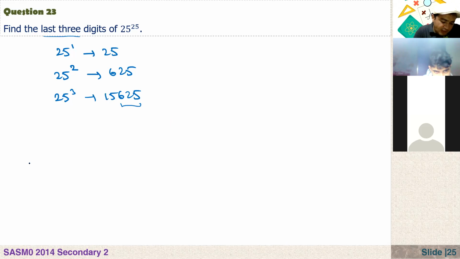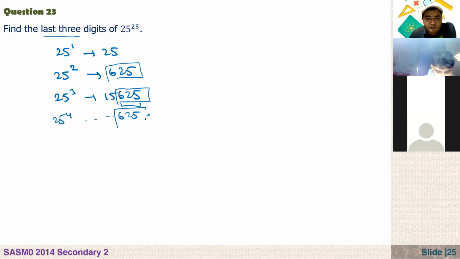Again, 25 to the power of 4, the last digits will be 625. So the last 3 digits of powers of 25 always end with 625. That means the last 3 digits of 25 to the power of 25 will be 625.